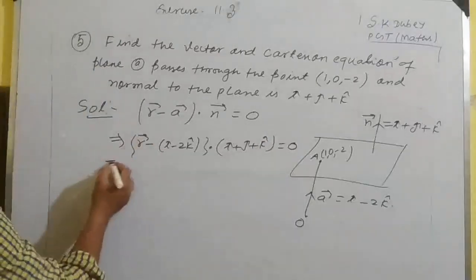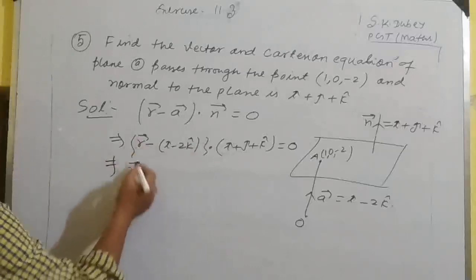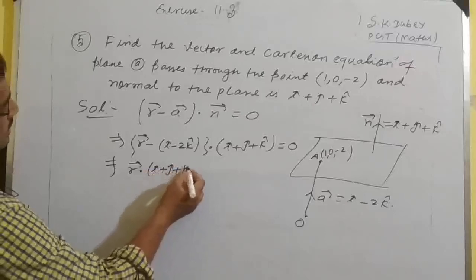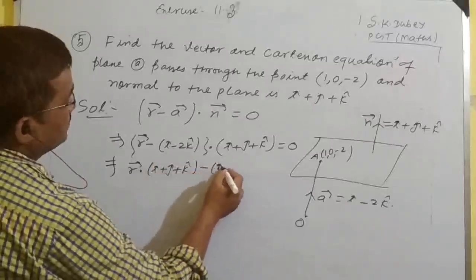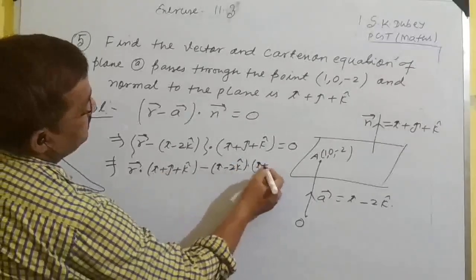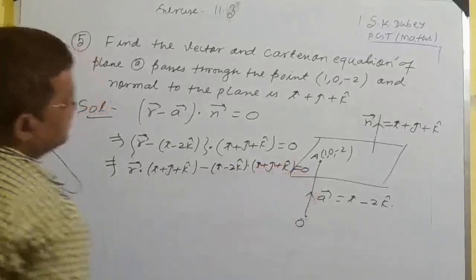Now after simplification we can get r dot (i plus j plus k) minus (i minus 2k) dot (i plus j plus k) is equal to 0.